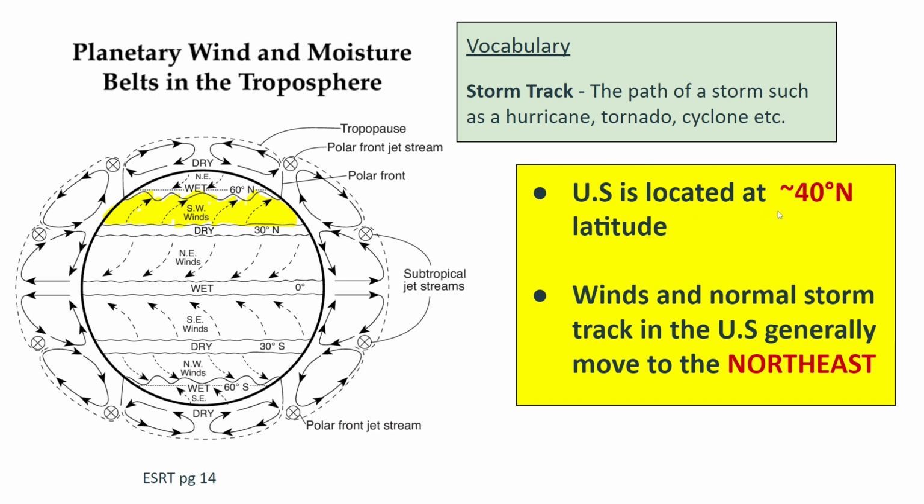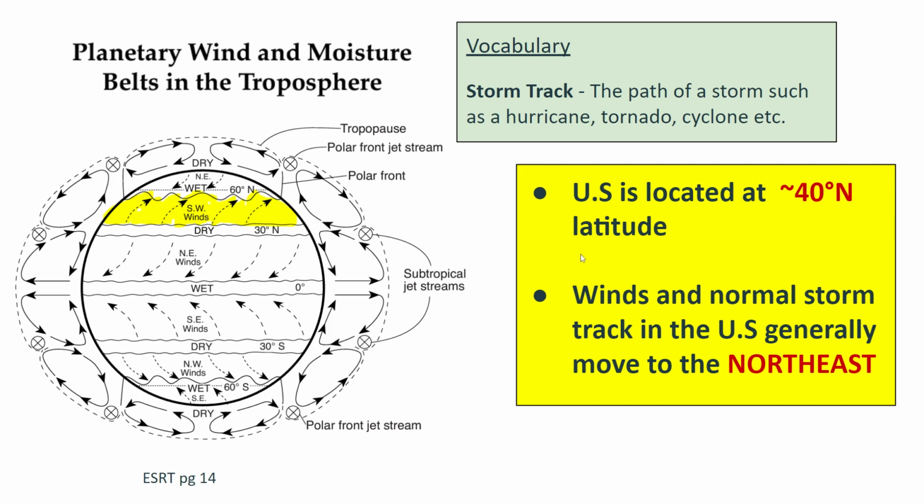The US is actually located at around 40-degree north latitude, somewhere around here. Okay? And notice all of our major winds, not all winds, just our major ones, are moving northeast just like this. We'll talk more about why in the future, but for now, if you forget this, it's in your reference table, page 14.